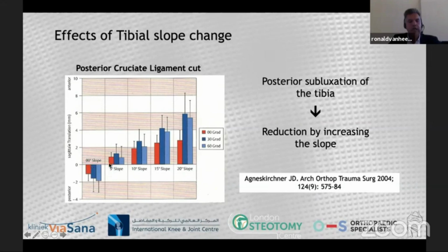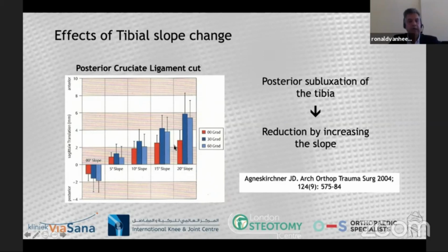If you only increase 5 degrees in slope, immediately the posterior sag is reduced and the tibia moves forward with only a 5-degree slope change. That means that you can replace the function of the PCL by only 5 degrees of slope change. And of course, if you need more, the effect is stronger.